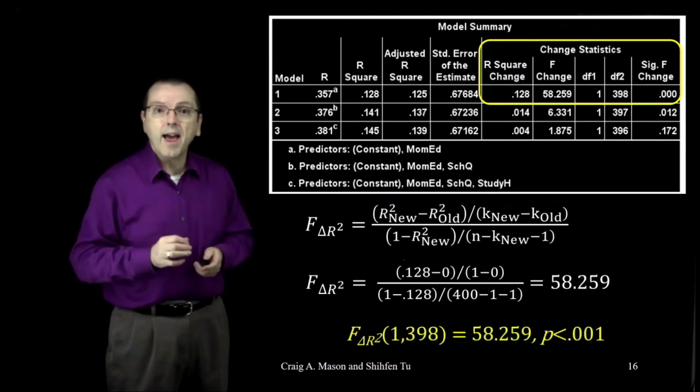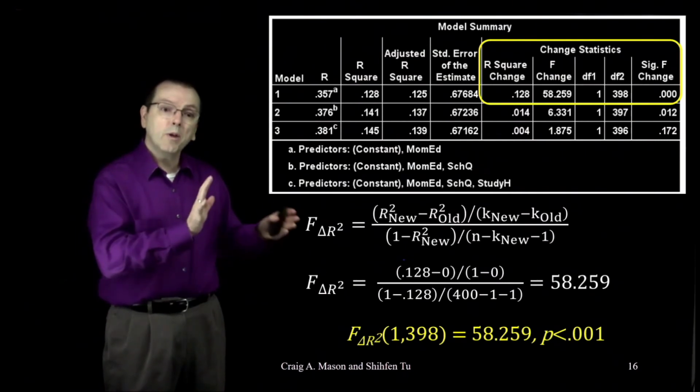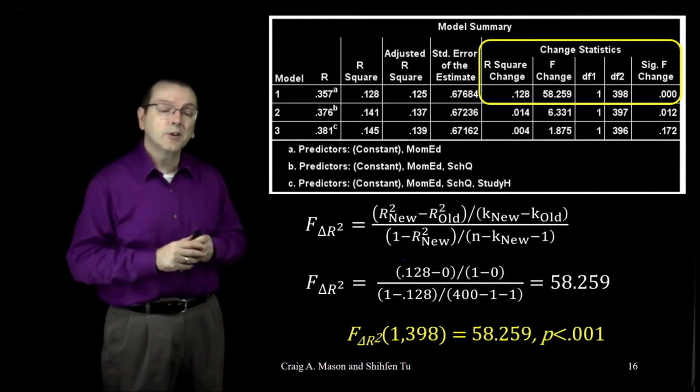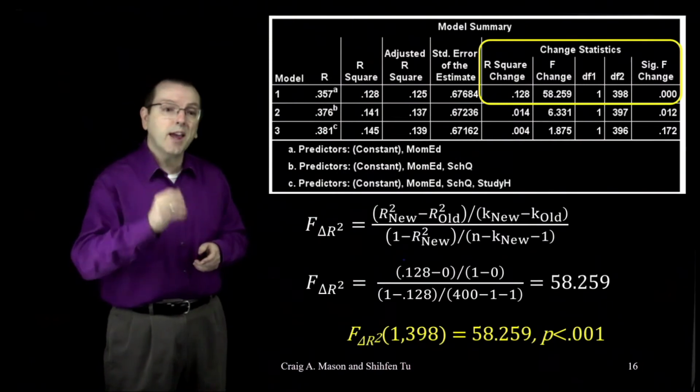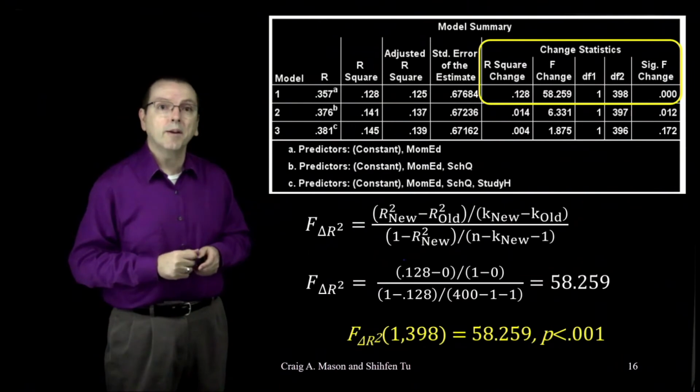We write that out as the F sub delta R squared with 1 and 398 degrees of freedom equals 58.259 with a p less than 0.001.